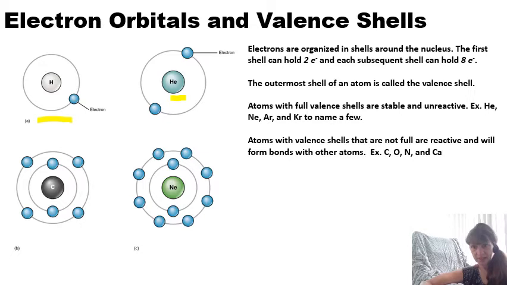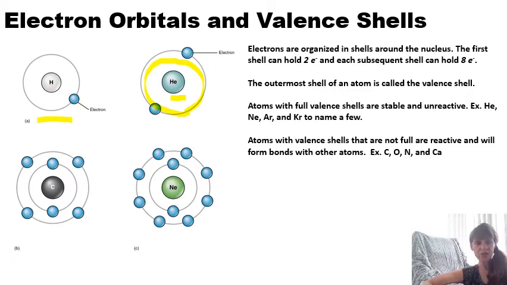You'll remember that the first shell can only hold 2 electrons. Therefore, this valence shell is completely full, and helium, one of the noble gases, is referred to as being inert because it is stable and unreactive.